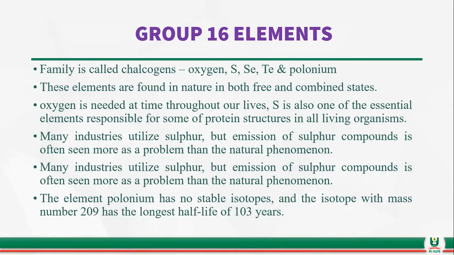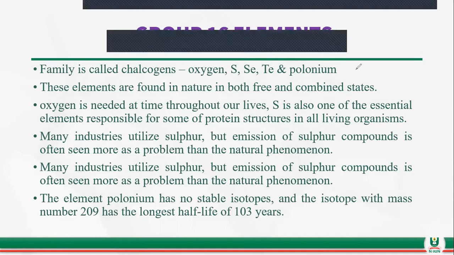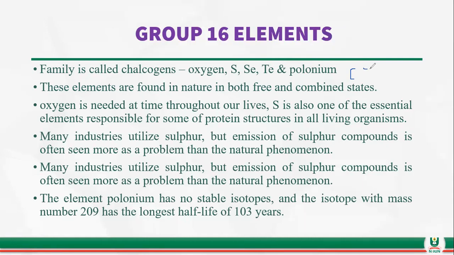If you are looking at group 16, it should not be difficult for any one of us to write the electronic configuration of every one of them. All you need to know is the noble gas that is before it. We are looking at oxygen. Oxygen has atomic number of 8. The first noble gas is helium, the second is neon, which is 10.